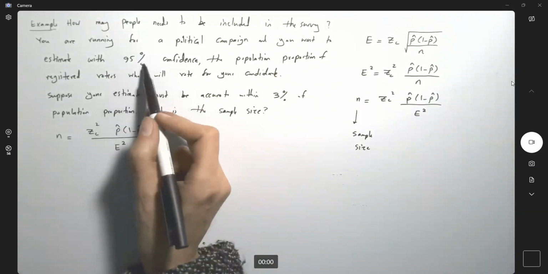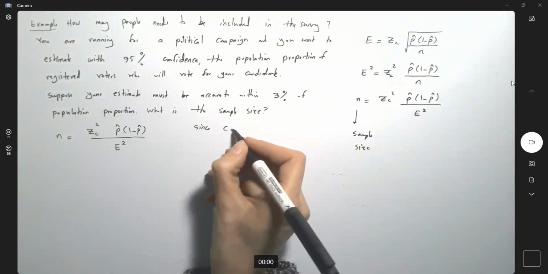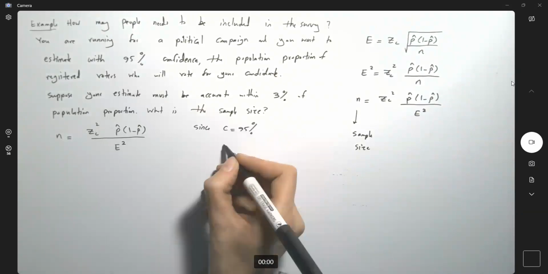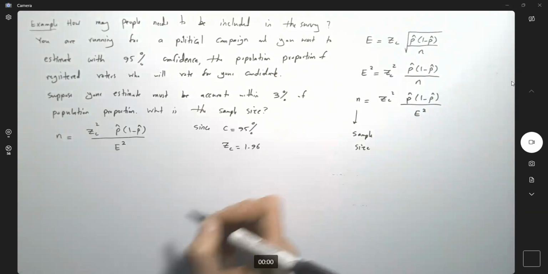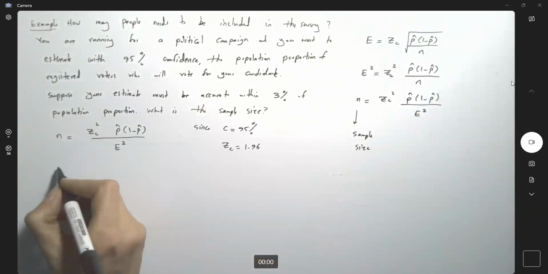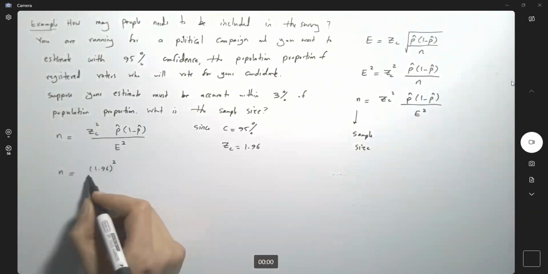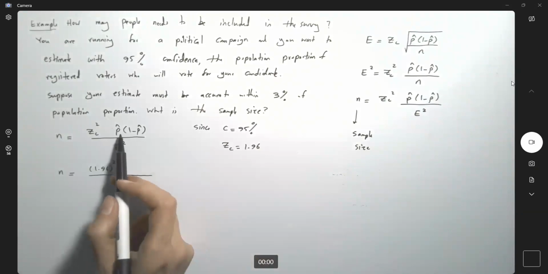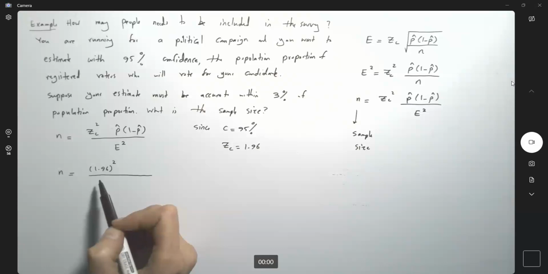I know that my C is 95%. So since C is 95%, I know ZC or critical value is going to be 1.96. So N so far is 1.96 to the second power. I need to know what is P hat, 1 minus P hat, and I need to know what is E.